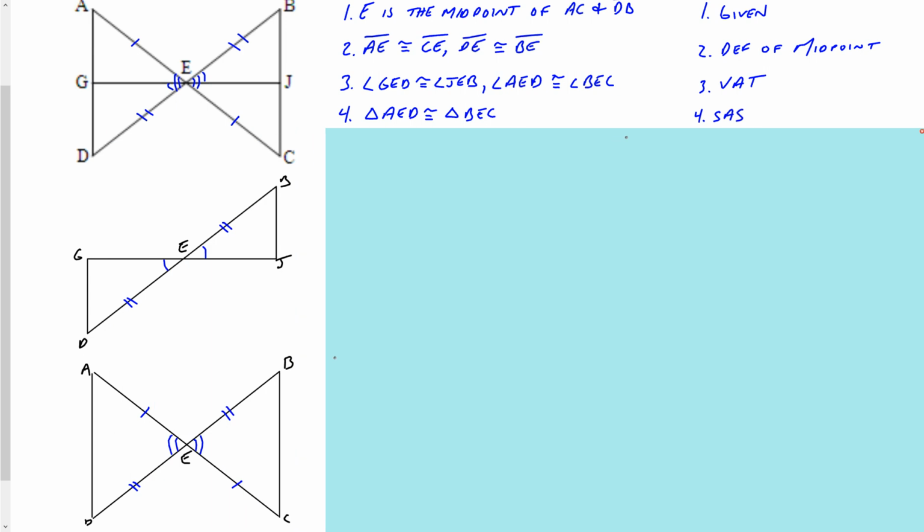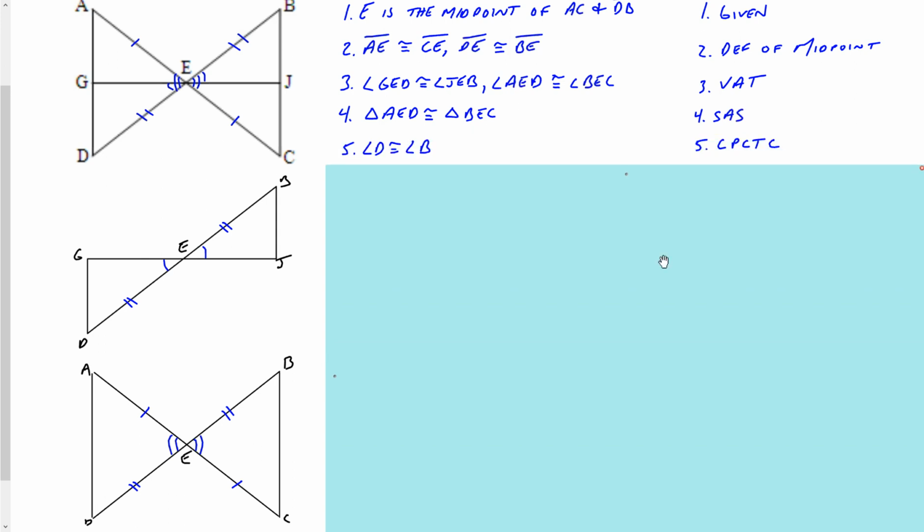So we can say that triangle AED is congruent to triangle BEC by side angle side. And the way that that is beneficial is because triangle AED and triangle BEC have some common parts with triangle GED and triangle JEB. So now the trick is to be able to identify what those parts are.